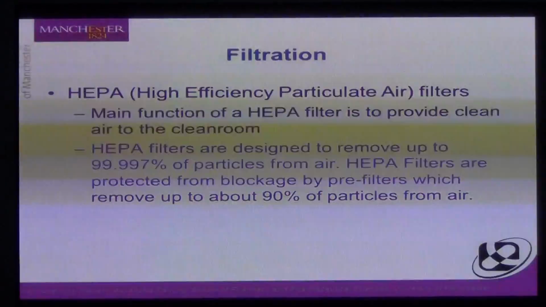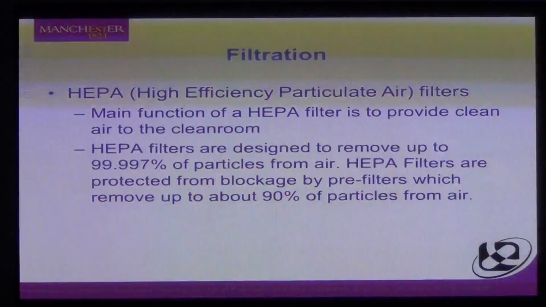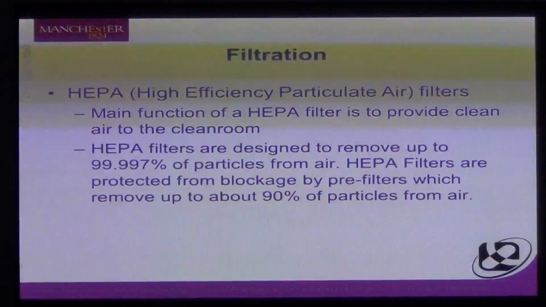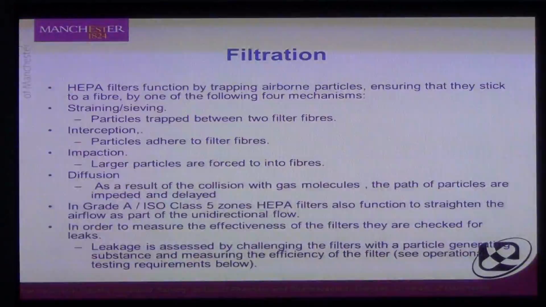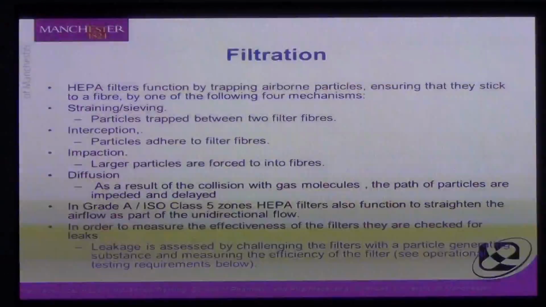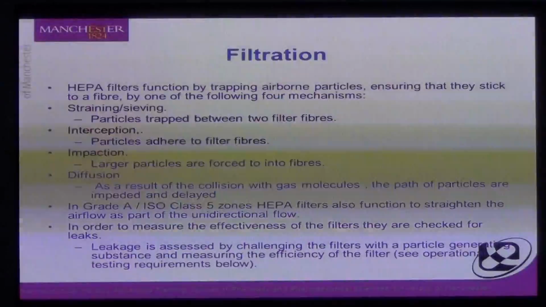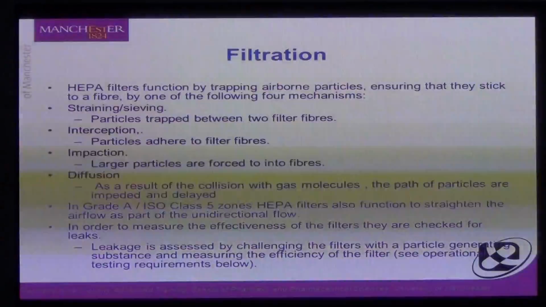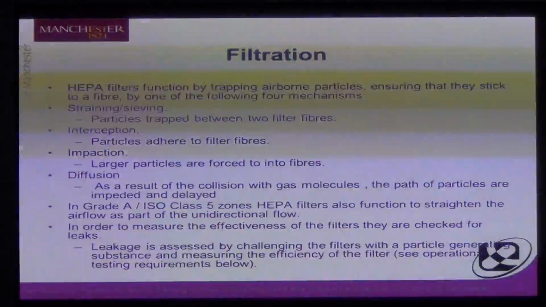Now, to make HEPA filters more efficient, they're protected from blockage by having pre-filters in place, and these help reduce 90% of the particles in the air. HEPA filters work in different ways. Essentially, they strain and sieve out the particles between filter fibres that are arranged in something like a concertina effect, a bit like an accordion.